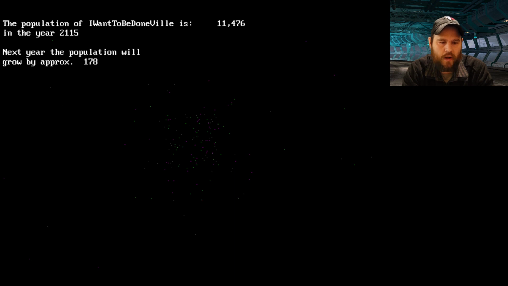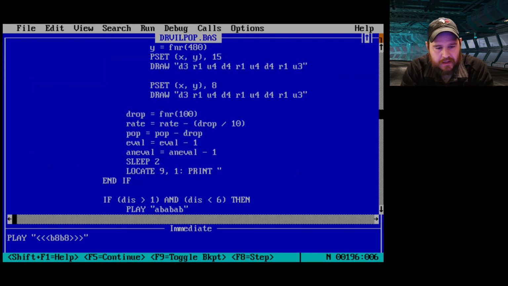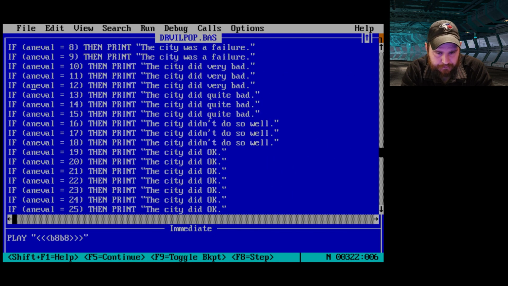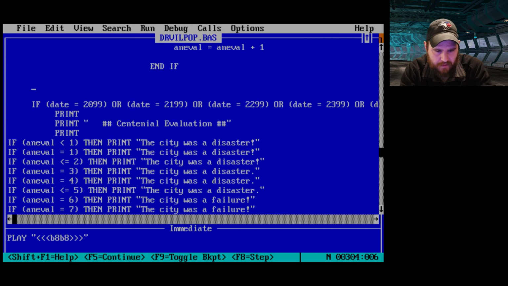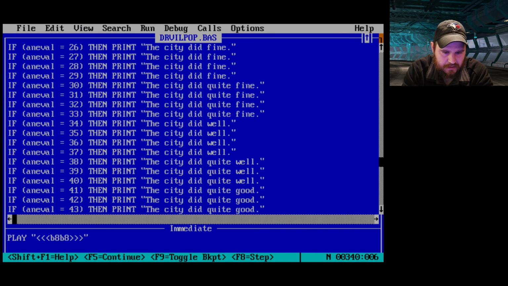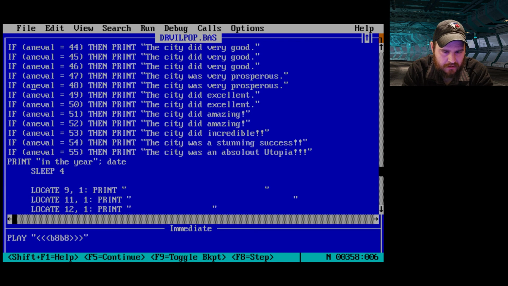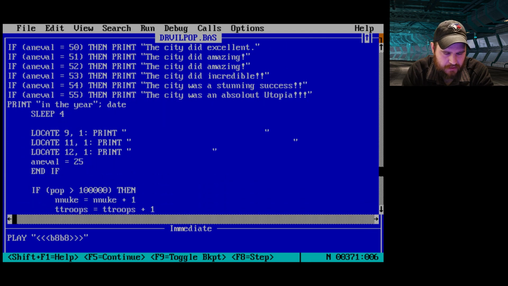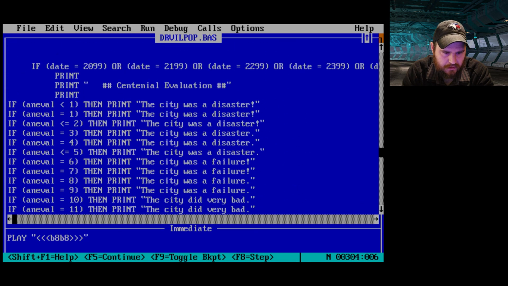Okay, well, that's it. I think we did everything except for figuring out why those messages didn't erase each other. They didn't get erased, and I think that's just what happens when after an evaluation happens, we print in the year, but then we also print, what are we doing here?